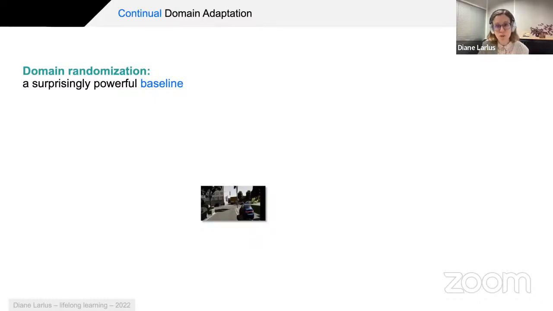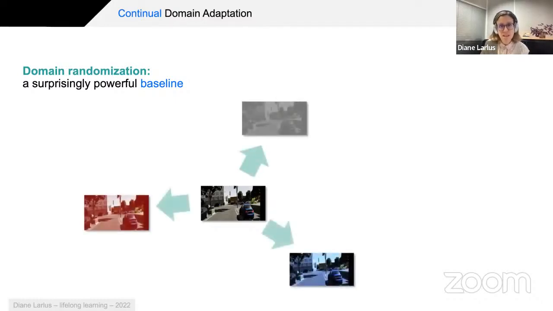Well, one thing you can do is to heavily randomize the visual appearance of the current domain samples. So here, randomizing the appearance means applying image transformations that can heavily alter the appearance of the image. You can see that all these images are fairly different from the starting point, but these transformations alter only the appearance.